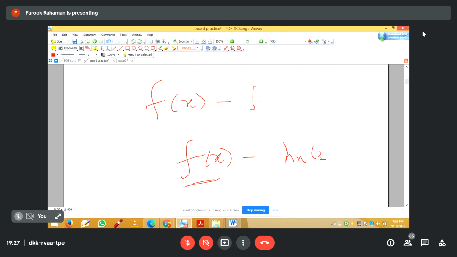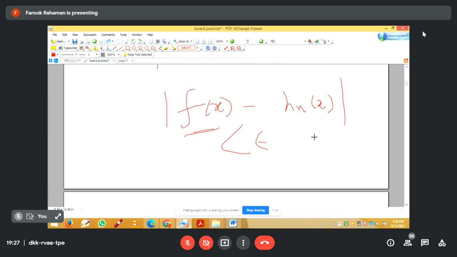Do you know polynomial functions? That is x square, x cube, etc. And the difference between these two functions is less than epsilon. Epsilon is a very small quantity.